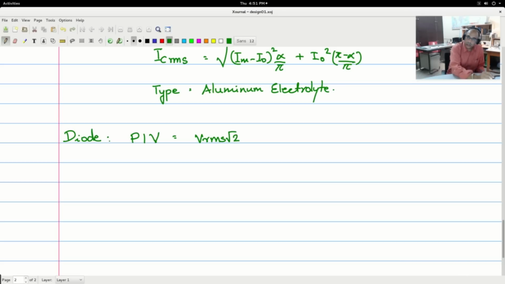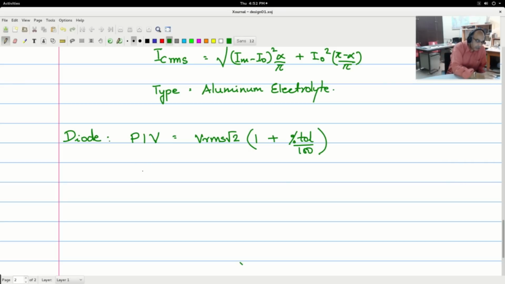So if it is 230, it will be 230 into root 2, 325 volts. To that you give the extra tolerance swing for that particular place. This would be the max. So when you choose a diode, you have to choose one which definitely has a peak inverse voltage rating much greater than what you would calculate using this formula.